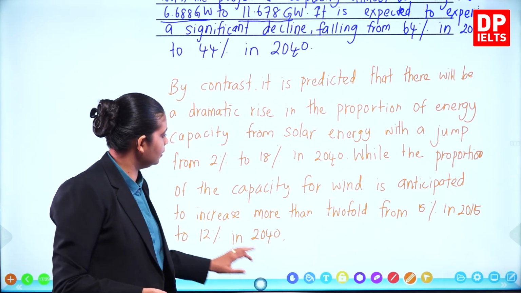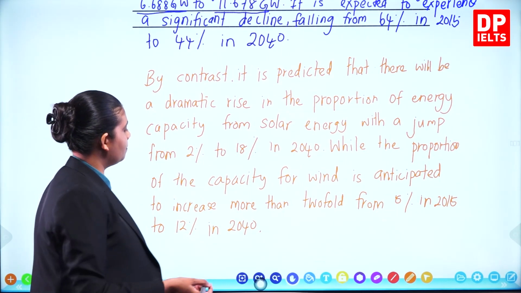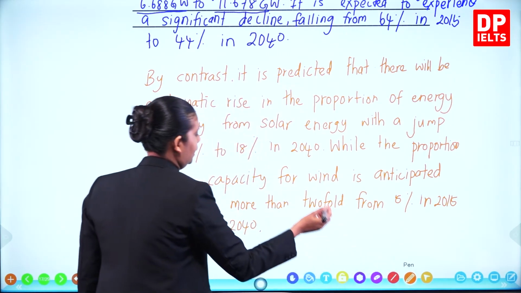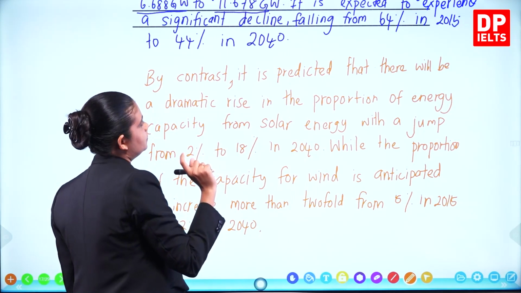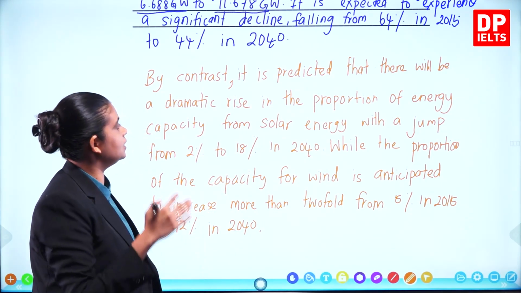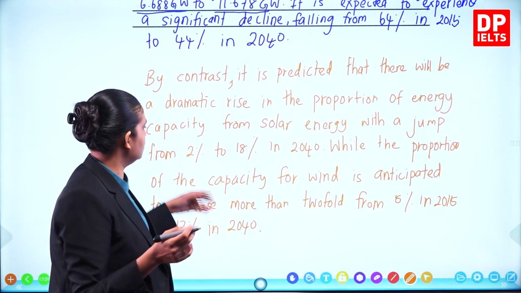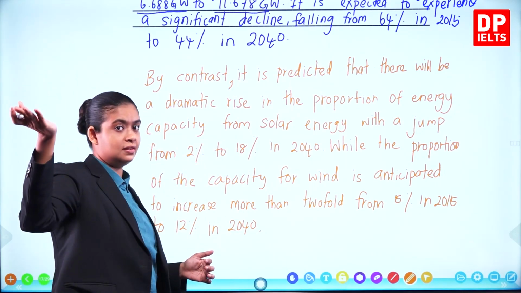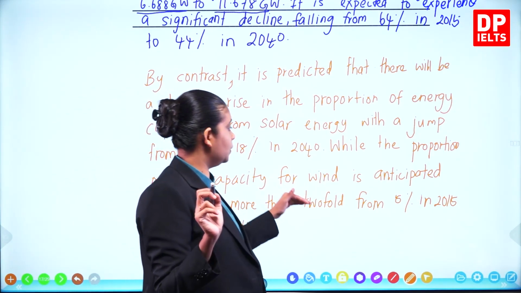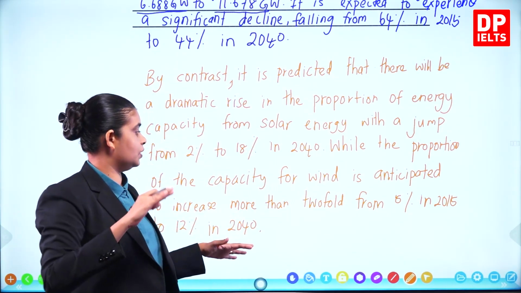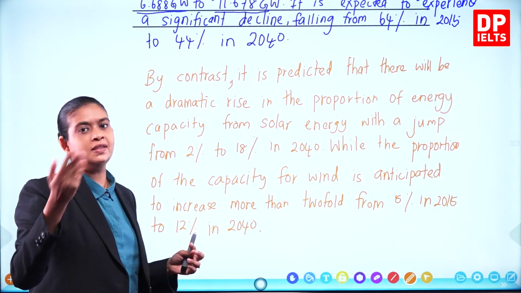So here is what I have written for the next bit, okay? By contrast, now this should be a comma, right? So hopefully you understand. It is predicted that there will be a dramatic rise in the proportion of energy capacity from solar energy with a jump from 2% to 18% in 2040. While the proportion of the capacity for wind is anticipated again to increase more than twofold from 5%. It's more than twice, right?